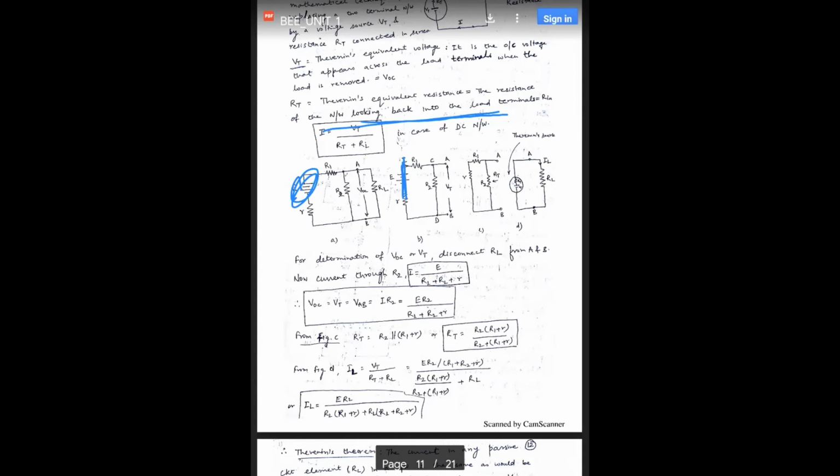Okay, so the direction of the current will be this.